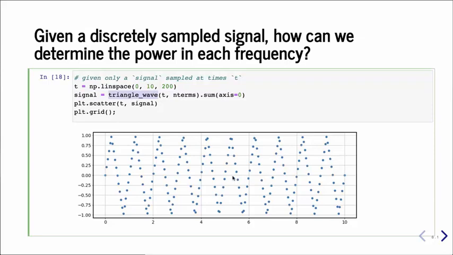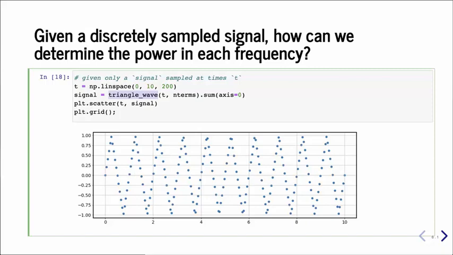There are different ways we can approach this problem, but from what we've just motivated, one way to think about this is that we can go and try to fit sine waves of different frequencies to these data and see how well the sine waves fit. If the sine wave is a good fit at some frequency, then we can say that frequency probably has a lot of power in this signal.